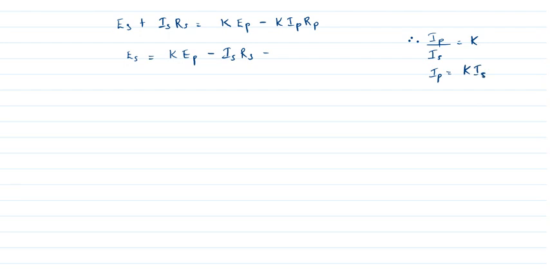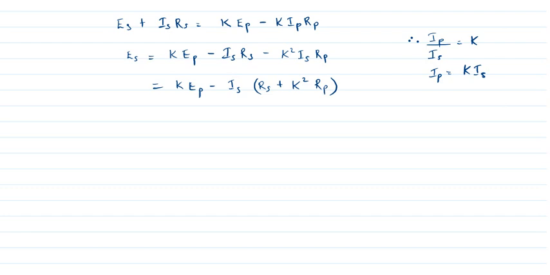So here IP equal to KIS means K square IS RP. From that equation, KEP minus IS will be taken as common outside: RS plus K square RP.